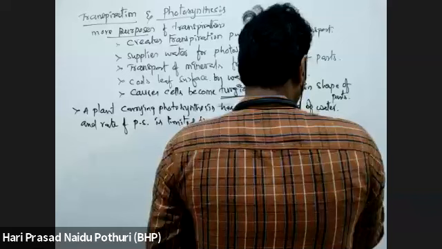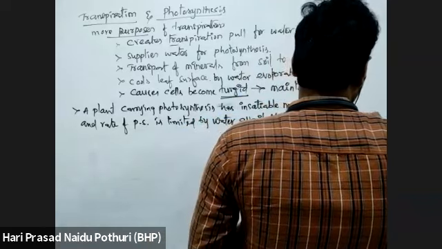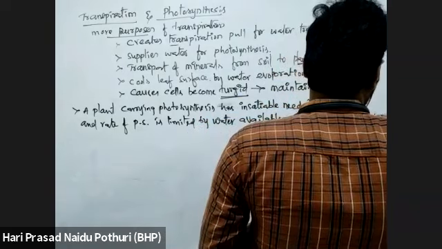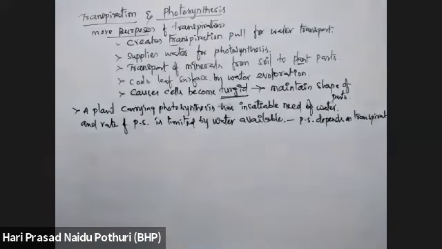That means photosynthesis depends on transpiration, because availability of water in leaves is maintained by transpiration only, so it depends on the rate of transpiration.